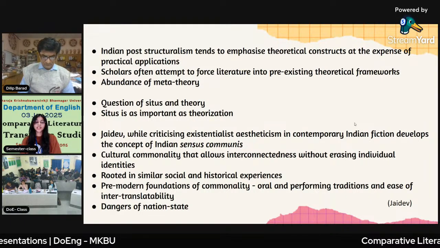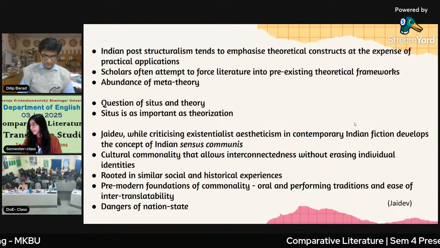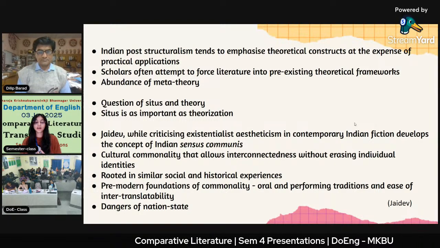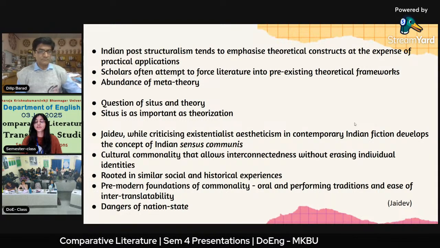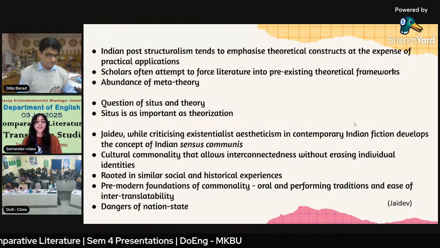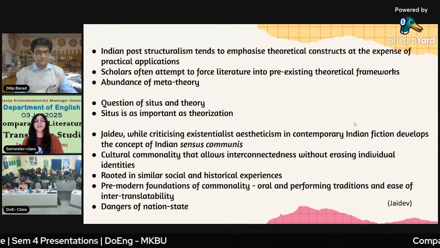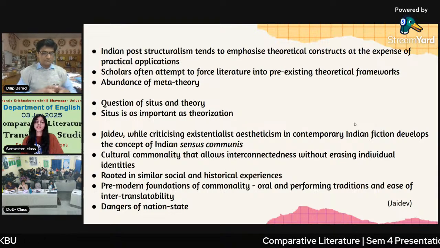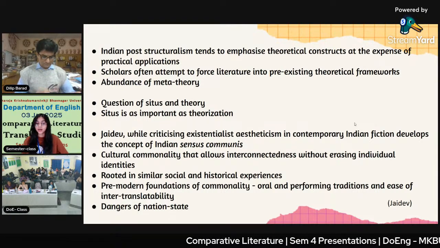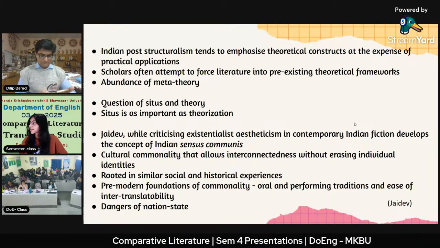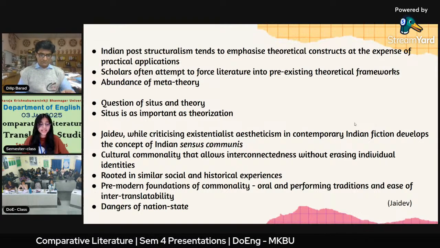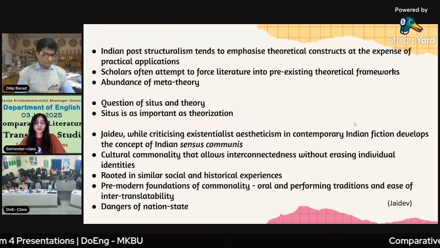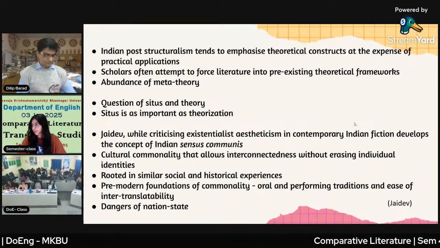Here Amiya Dev raises the question of situs and theory. What is situs? Situs is the location where the theory is originating, or the location of the theory scholar. Amiya Dev says that this situs is as important as theorization. He goes on to say that a wrong theory is bad, but a theory from a wrong situs is equally bad. After explaining this, Amiya Dev goes on to the scholar Jaidev's concept.